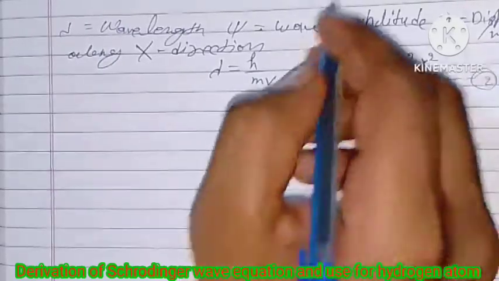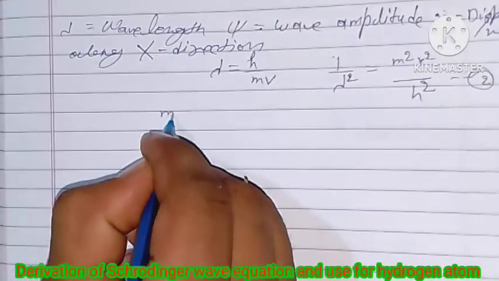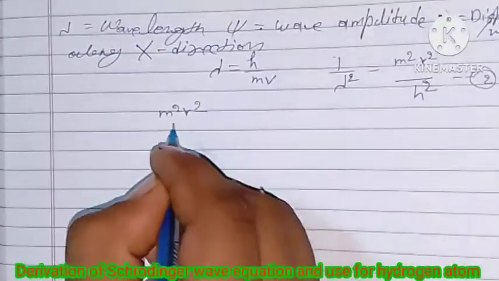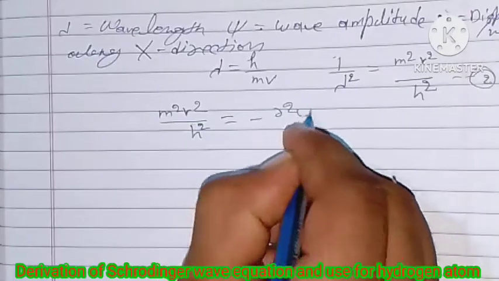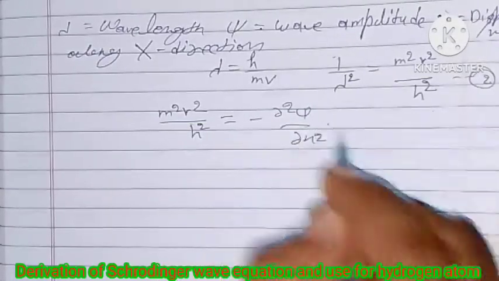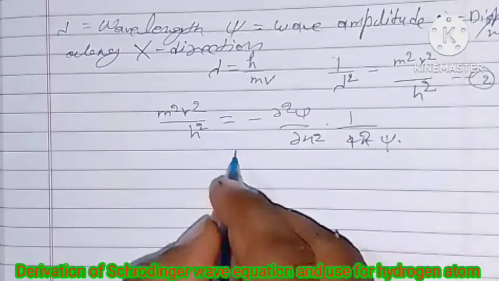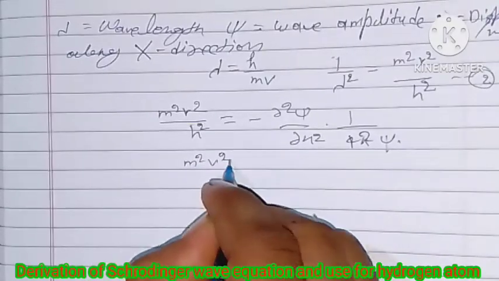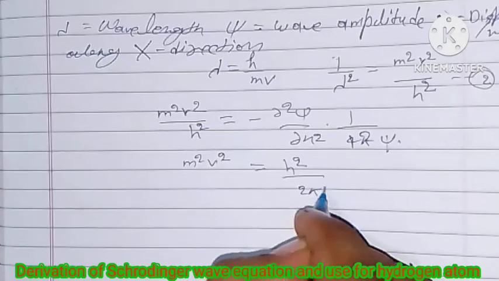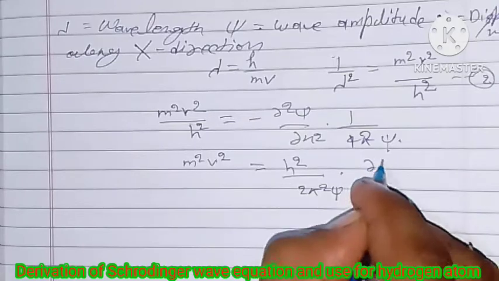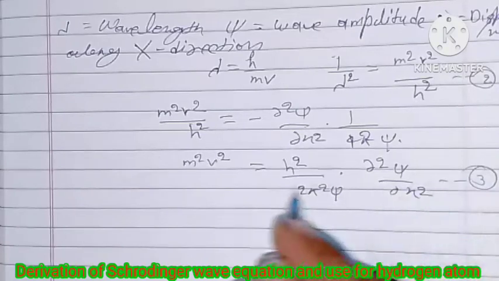From equations 1 and 2, m square v square upon h square equals minus del square psi upon del x square into 1 upon 4 pi square psi. Then m square v square equals minus h square upon 4 pi square psi into del square psi upon del x square. This is equation number 3.